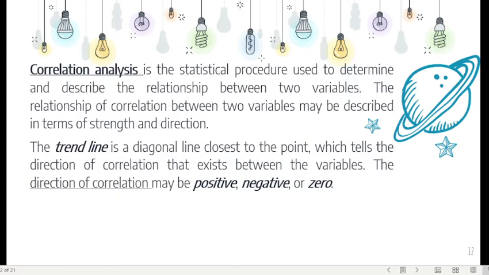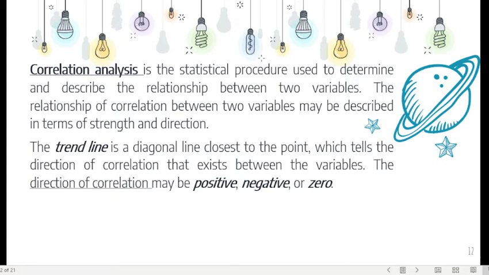So when we say correlation, it is the relationship between two variables. How related is one variable to another variable? Now, the relationship or correlation between two variables may be described in terms of strength and direction.